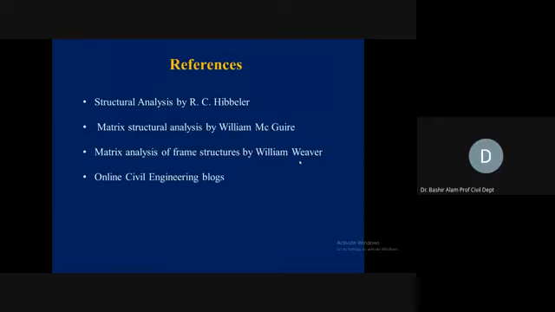Similarly, the F11, which is from the product of M1, F12 equal to F21 from the product of M1 and M2, and then the F22, which is from the product of the small m2s.